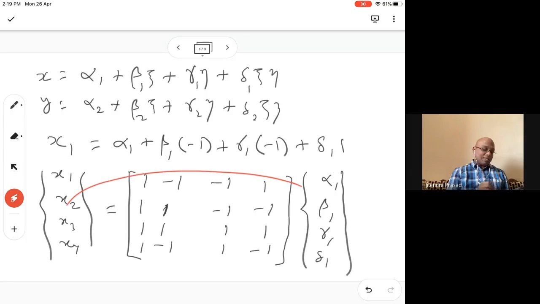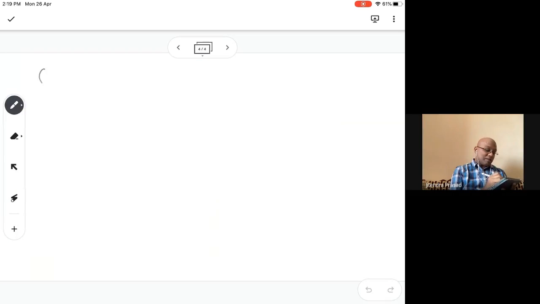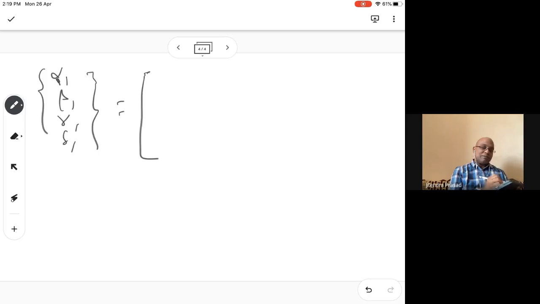So this is what the equation is, right? Now if you know x1, x2, x3, x4, you can find this value. So basically we can find alpha 1, beta 1, gamma 1, delta 1, which is equal to the inverse. You have to invert it.